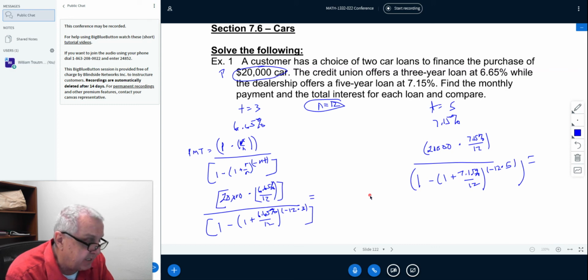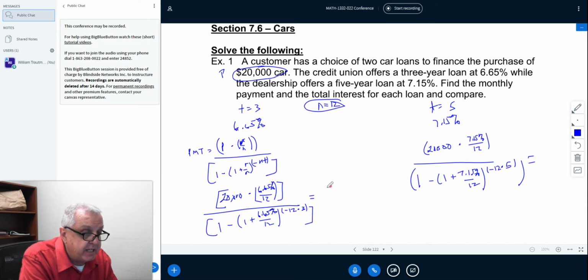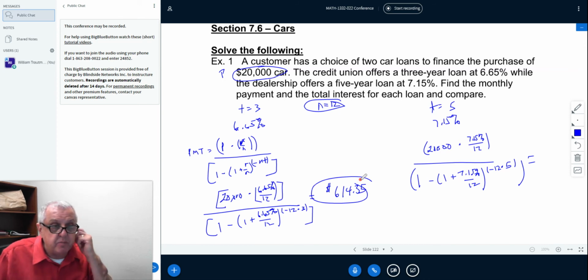Parentheses, 1 minus parentheses, 1 plus fraction, 6.65% over 12, arrow over, parentheses, raise it to the power of negative 12 times 3, close parentheses, arrow over, and then close the big parentheses. So when I hit enter, I get a payment. Hopefully I typed it in correctly. When I round it to 2 decimal places, that's the payment I get.